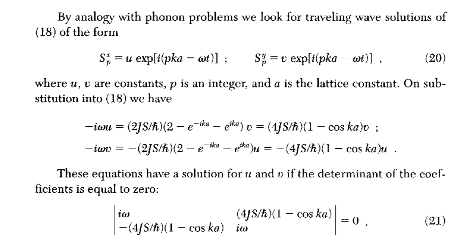In order to have a non-zero solution for u and v, which are constants in this equation, the determinant of the coefficients has to be 0. So that is the determinant for u and v in these two equations; the first equation is this one, and the second is this one. Solving this, you will get minus omega square plus (4JS by h cross) all square into (1 minus cos ka) all square.